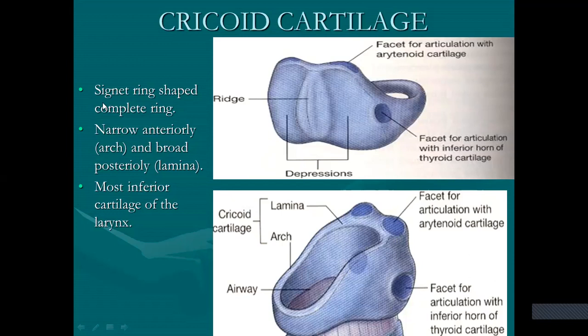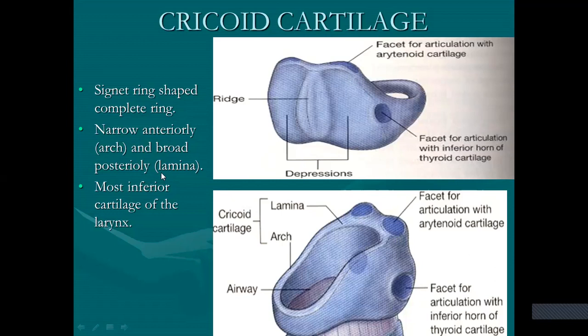So narrow anteriorly, we have narrow anterior arch, and broad posterior lamina. Okay.